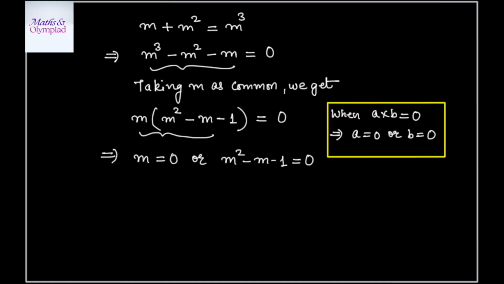So we have got one value of m which is equal to 0. Now this is a quadratic equation, and we have to solve this quadratic equation for the value of m.